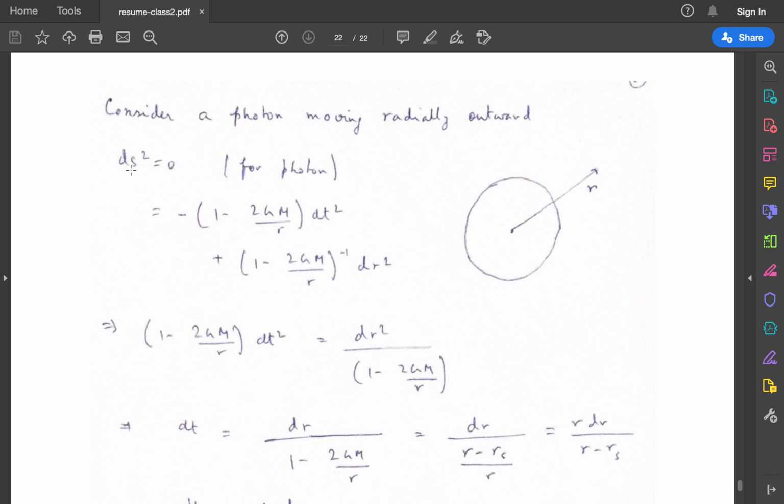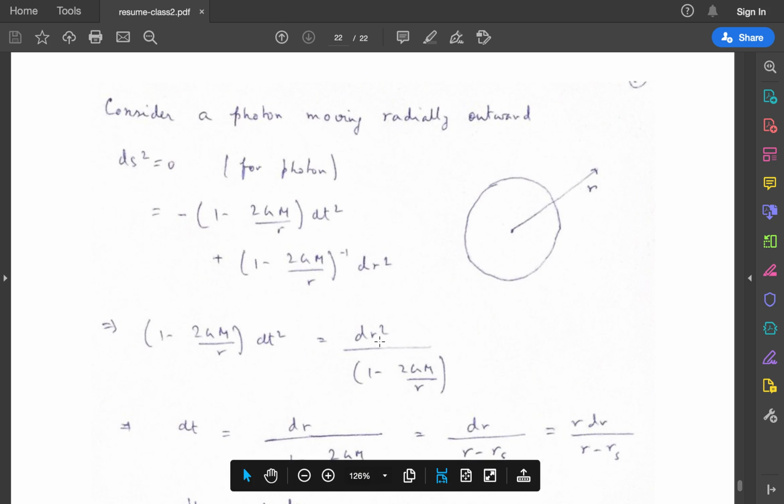For a photon, we know ds squared equal to 0. It is moving radially outwards, and theta and phi are constant. So the line element only has components of dt and dr. So ds squared equals 1 minus 2GM by r dt squared plus 1 minus 2GM by r to the power minus 1 dr squared.